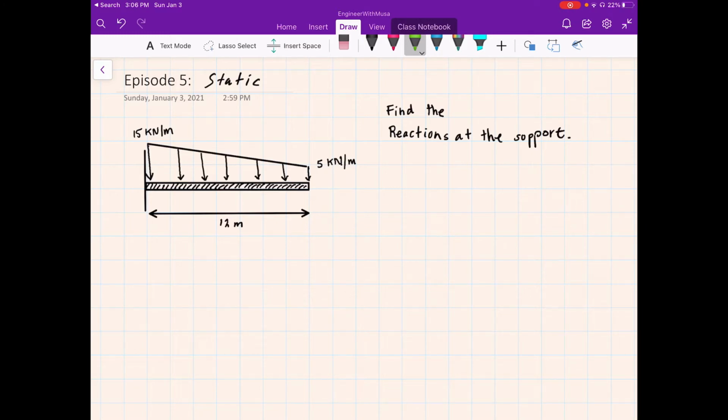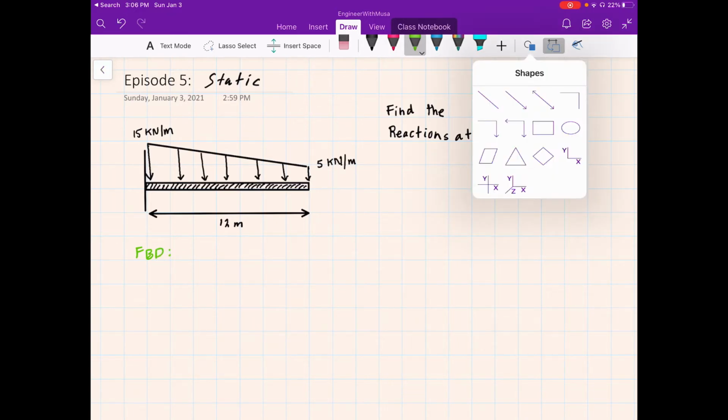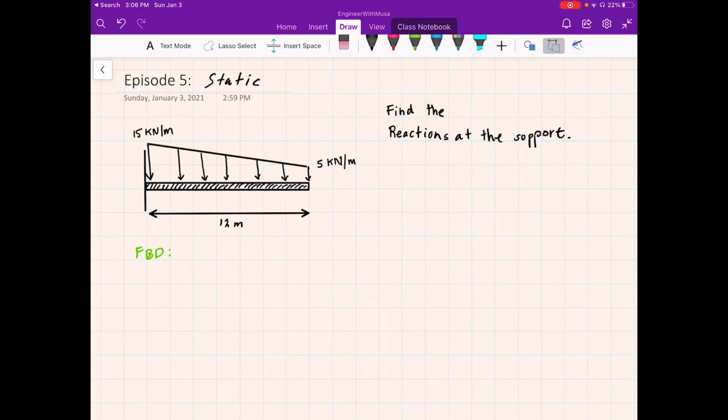First things first, we're going to use the free body diagram. And we'll go ahead and draw our beam again. And we're going to draw our distributed load, which is 15 kilonewton per meter on the left hand side and 5 kilonewton per meter on the right hand side.